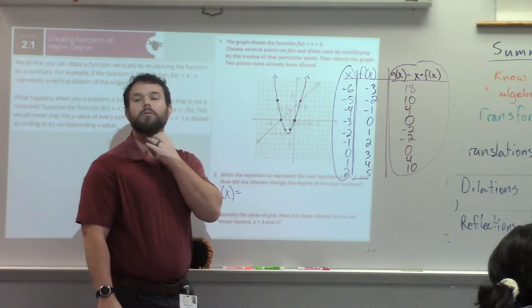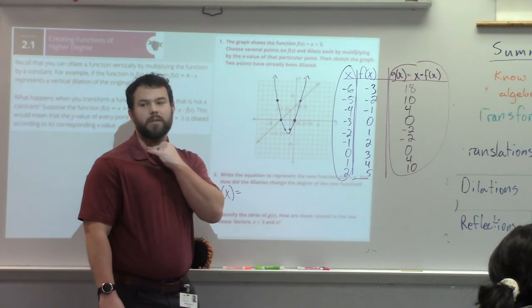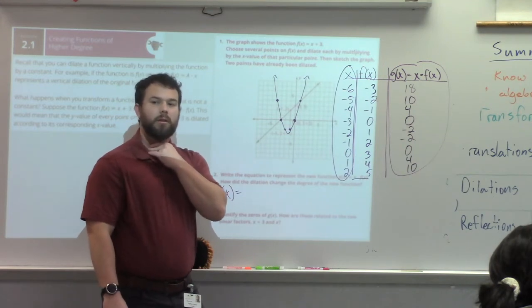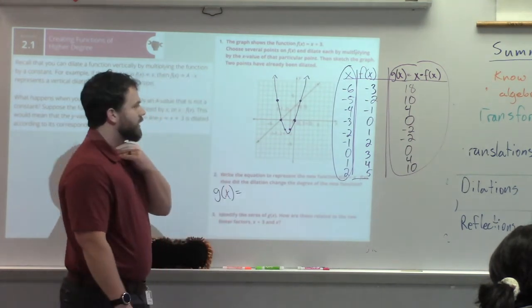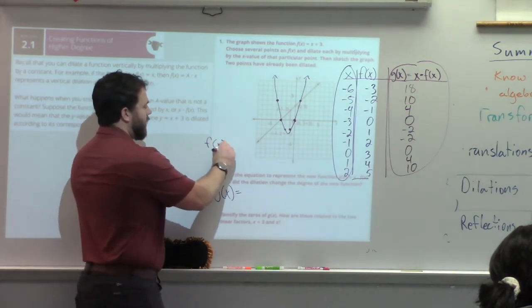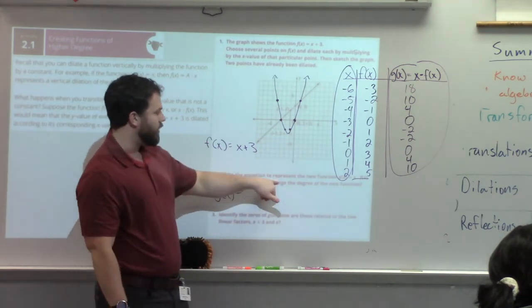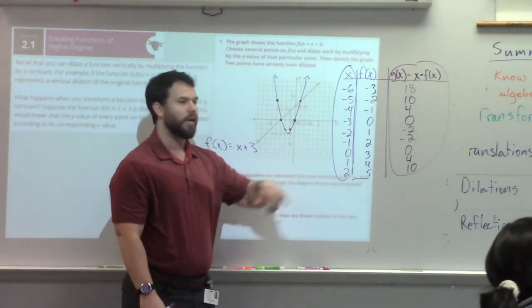So basically it changed from a linear to a quadratic. We're going to talk about why that should make sense in a second. But we do want to notice that it changed from a linear to a quadratic. We went from f of x equals x plus 3 to, and notice they say it right here, write the equation to represent the new function g of x.